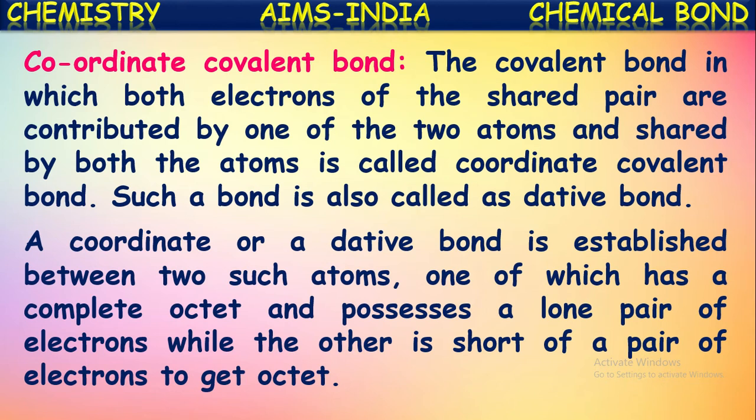A coordinate or dative bond is established between two such atoms, one of which has a complete octet and possesses at least one lone pair of electrons, while the other is short of a pair of electrons, which means it is ready to accept a pair of electrons. So to get an octet, when these two kinds of atoms approach each other, they form a dative bond.